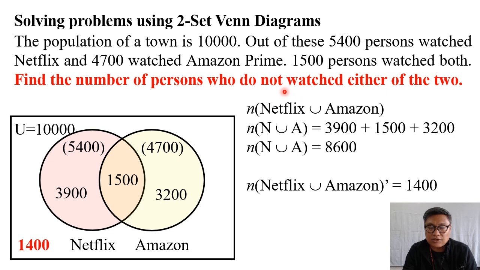So this is actually the complement of the 8,600. So if there is a total of 10,000 persons, then we subtract 10,000 minus 8,600, and that would be 1,400. And that now answers the question that there will be 1,400 persons who did not watch either Netflix or Amazon.